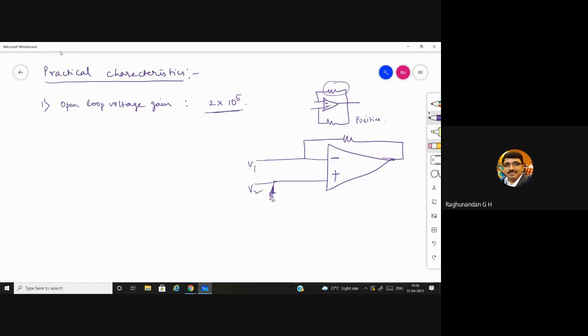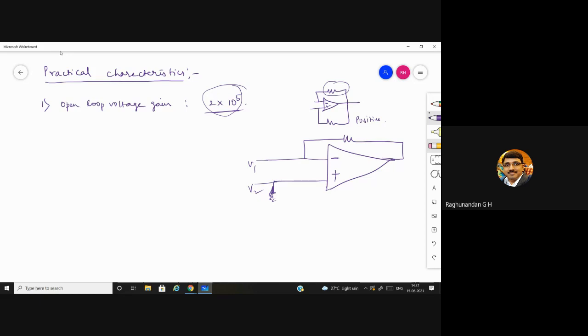But if you connect it here, since the input and output signal will be in phase, the gain will further increase. Already we are having 2 into 10 to the power of 5. If you further increase, the other devices cannot withstand this. Even though you can have a very high withstanding op amp, the receivers or the loads cannot withstand.